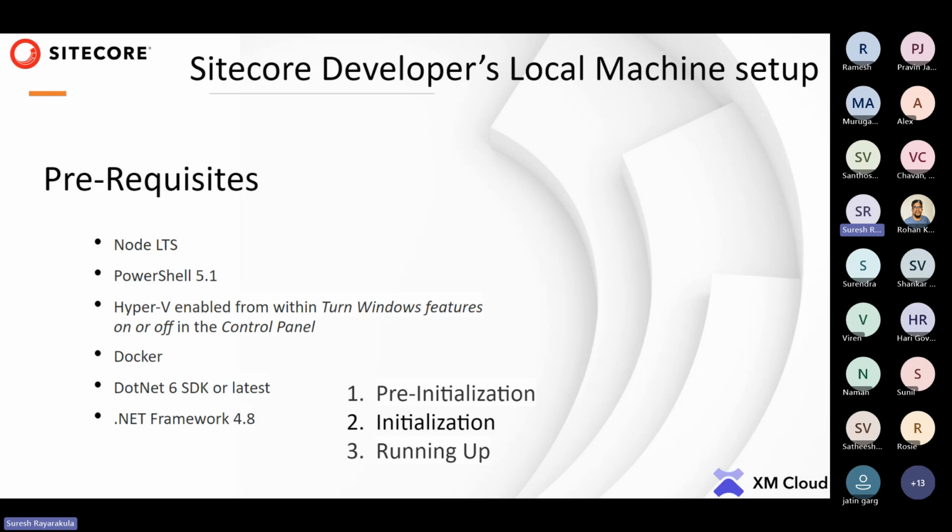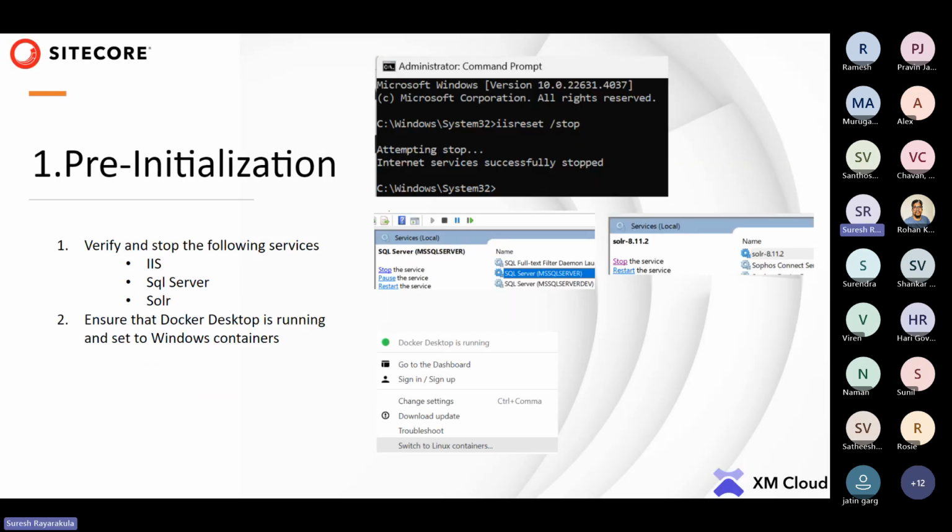The third stage is running up, where you finally start your Sitecore environment. This involves launching the necessary services and containers to get your Sitecore instance up and running locally. By following these steps, your local machine will be fully prepared to handle Sitecore development tasks, making it easier to build, test, and deploy your projects.